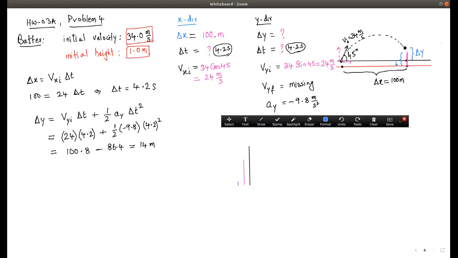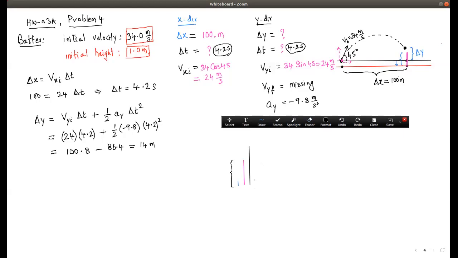So hopefully this is clear. This is the height of the fence, which has to be subtracted. Oops, delta y was not that. Erase. So this is delta y.